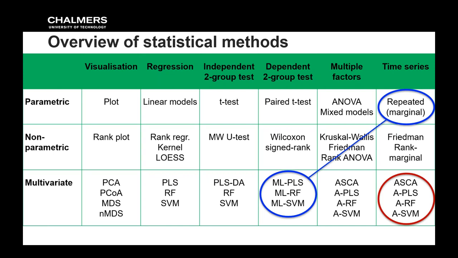One is based on an over decomposition, and the thing you're going to see at the bottom, in the red circle, is APLS, ARF, ASVM, which is an over decomposition but not combined with simultaneous component analysis, but rather with our friends PLS and random forest.